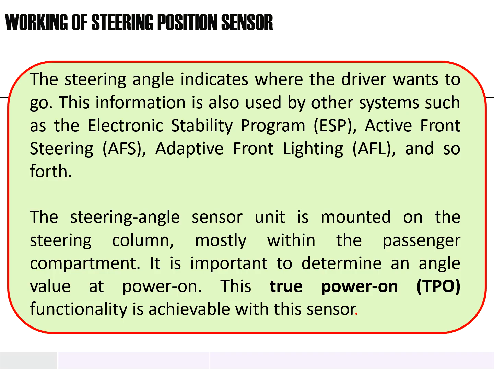The sensor is mounted on the steering column, generally within the passenger compartment. The ability to determine the steering position at power on is called true power on functionality, or TPO functionality. This is particularly useful because the vehicle control system can immediately obtain the information about the steering position.